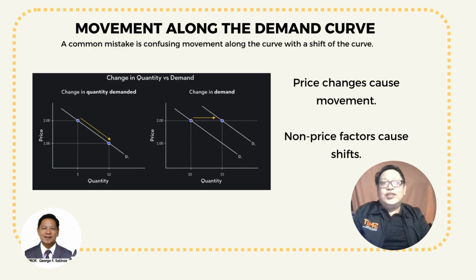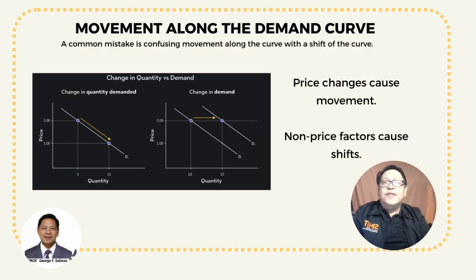Again, a change in price always causes movements along a demand curve. So when we talk about movements along a demand curve, only two variables change: the price and the quantity demanded. Everything else is held constant. Factors other than price cause shifts of the demand curve.